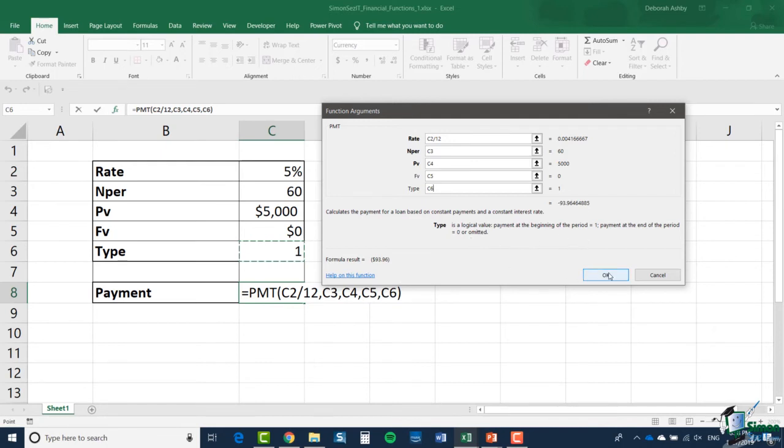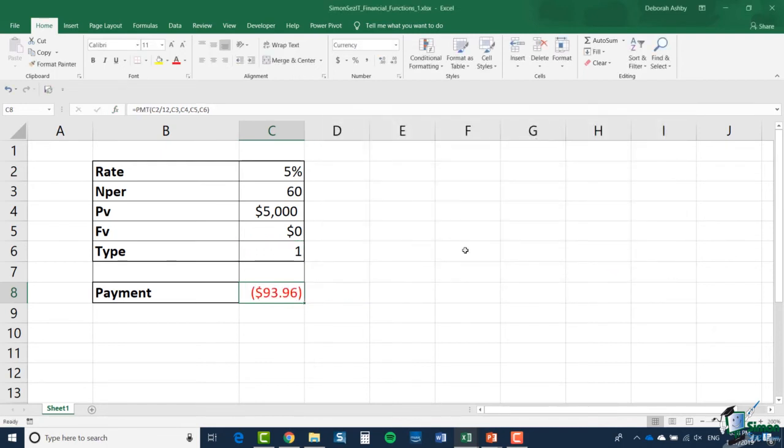Let's see what that comes up with. So I have currently a monthly payment of $93.96. Note that the payment's showing in red, and that means it's a negative amount, and all that basically indicates is that the money is going out. So that's a very straightforward example of the use of the PMT function.